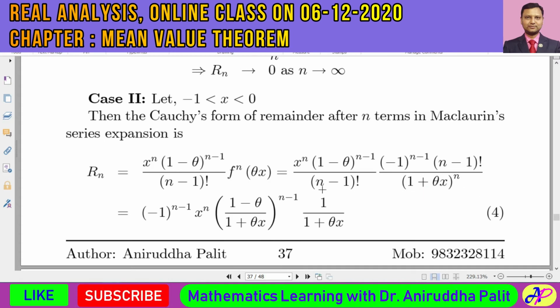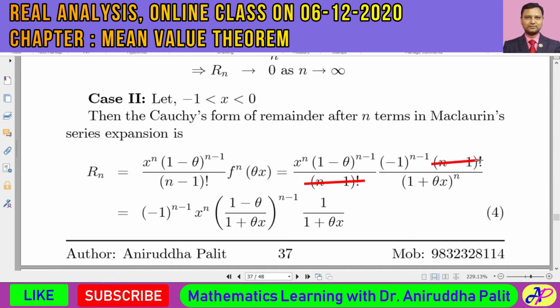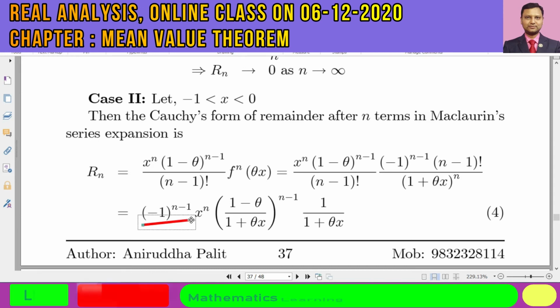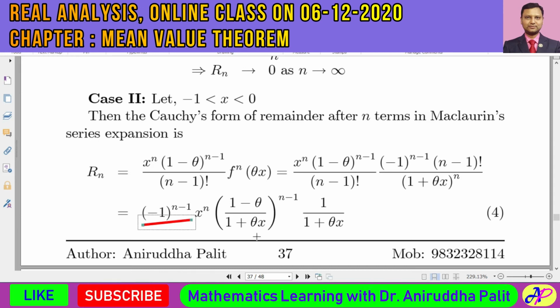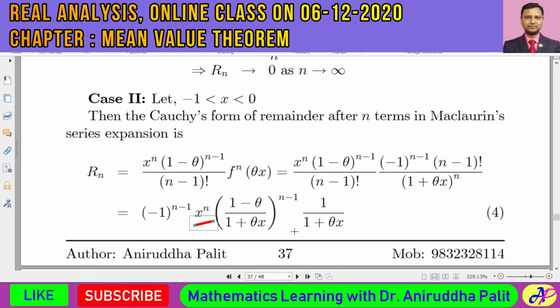And what is the benefit? The benefit is that this factorial of n minus 1 will get cancelled with the factorial of n minus 1 in the numerator. Minus 1 whole to the power of n minus 1, keep it unchanged. x to the power of n is there, so I'm keeping this x to the power of n.